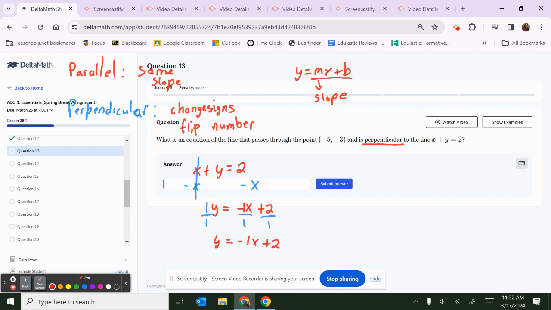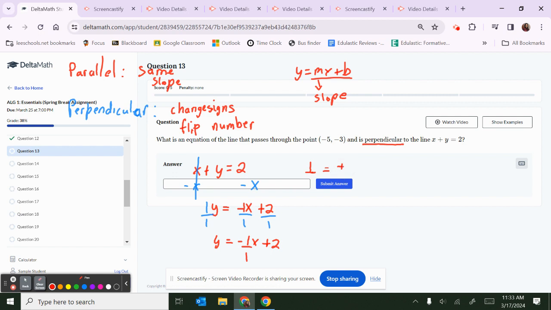So now we're going to do the perpendicular of my slope. The symbol that represents perpendicular looks like this. The perpendicular of my slope, which is the same as negative 1 over 1: I'm going to change the sign from a negative to a positive, and I'm going to flip the number.